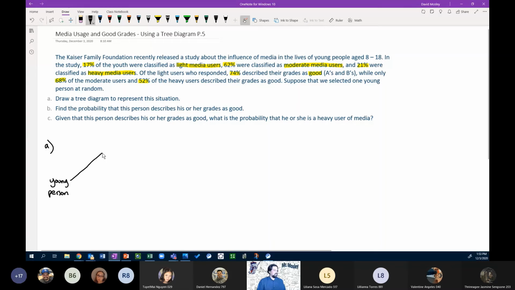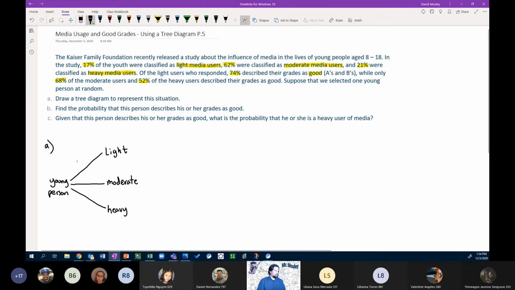And those young people, there's 3 options. They will be a light media user, a moderate media user, or a heavy media user. Right? We have the 3 options.